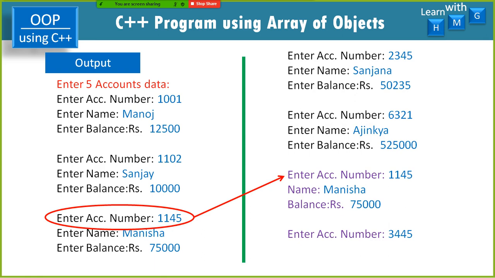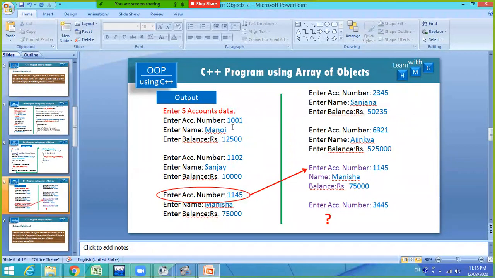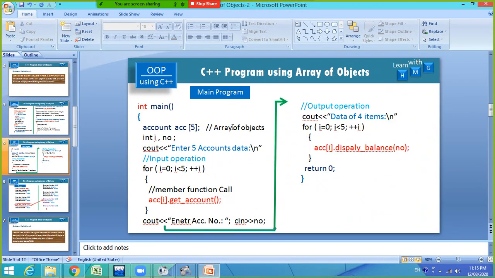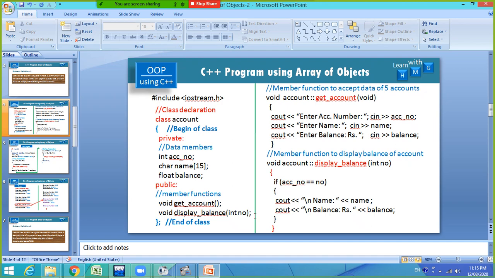But if account number 3445 is entered, which does not exist in these 5 accounts, then nothing is displayed, and I asked you to write a program so that here you have to display account not found.